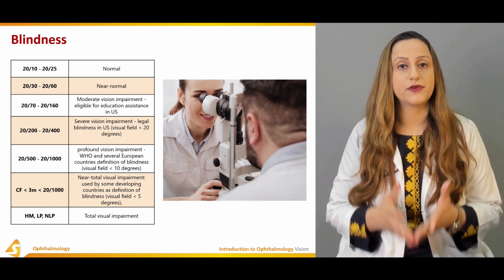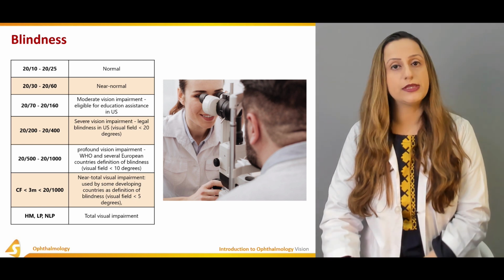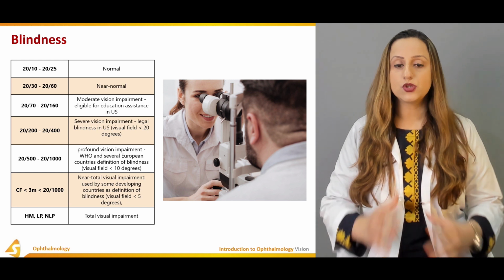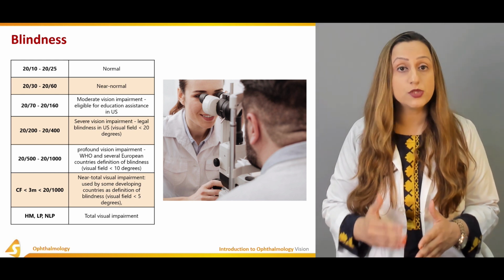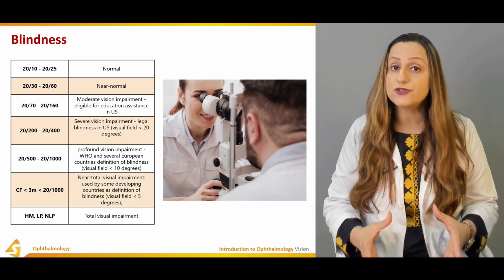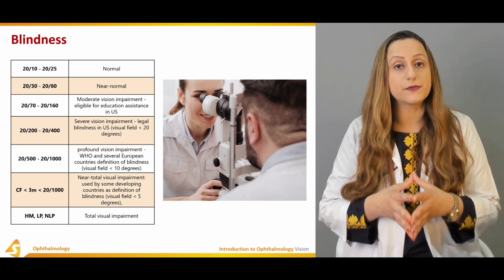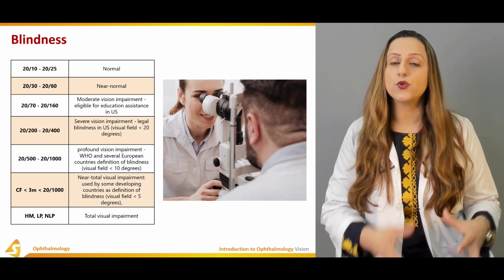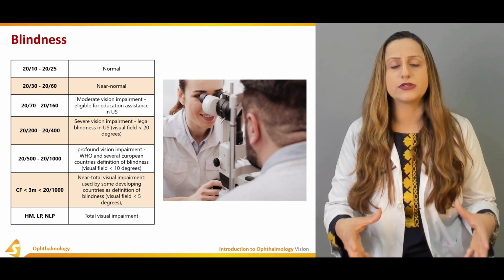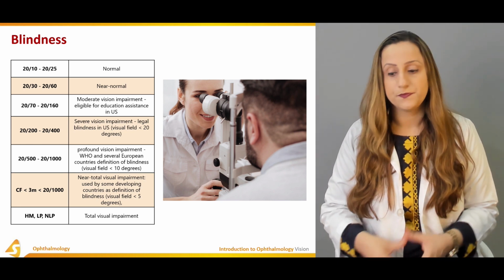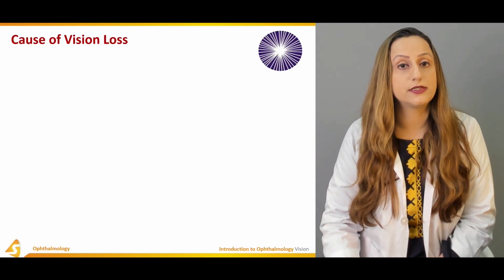In total visual impairment, we don't have any light reflexes, we don't have any pupillary reflexes, and the visual fields are completely affected. It's not only one field, whether peripheral or central, it's going to be complete blindness in all of the visual fields for that particular person.